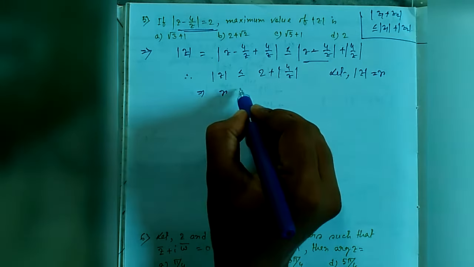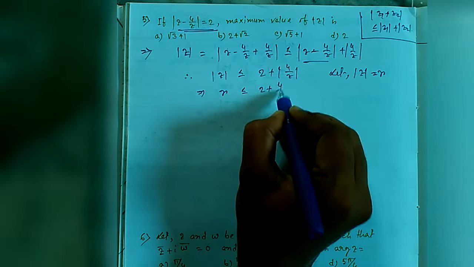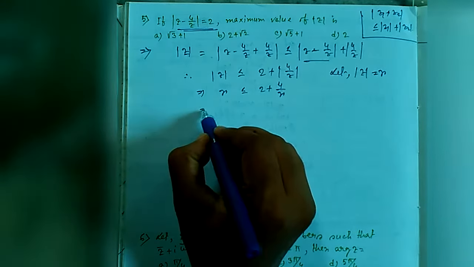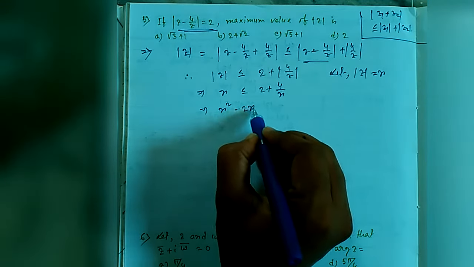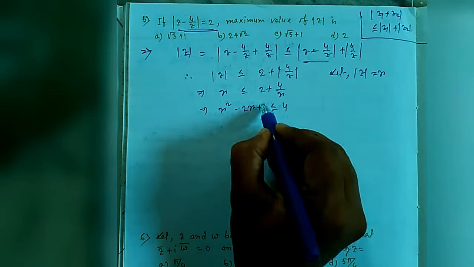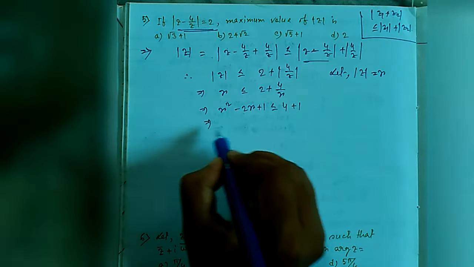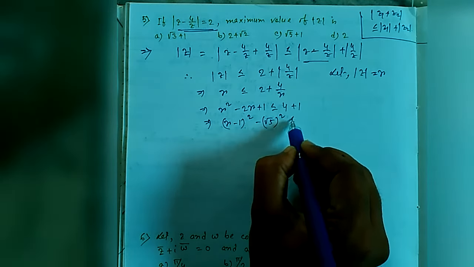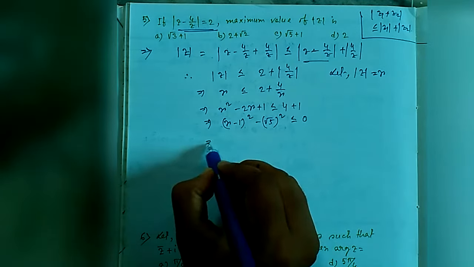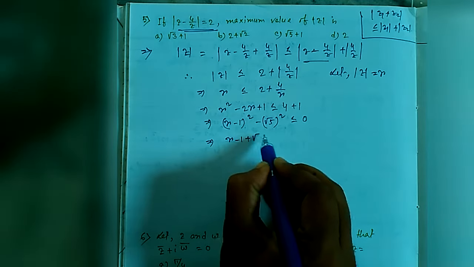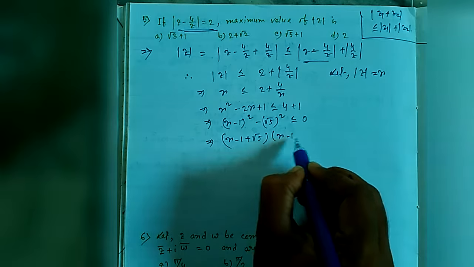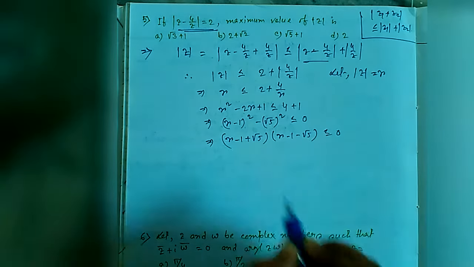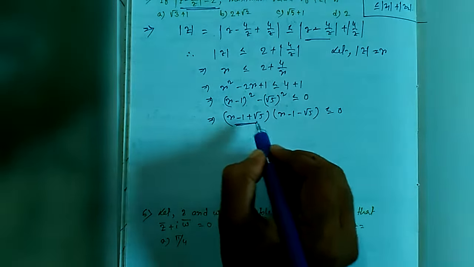So this becomes r square minus 2r is less than or equal to 4. If we add 1 to both sides, this will be this. Okay. So if we take this greater than 0, so this must be what?